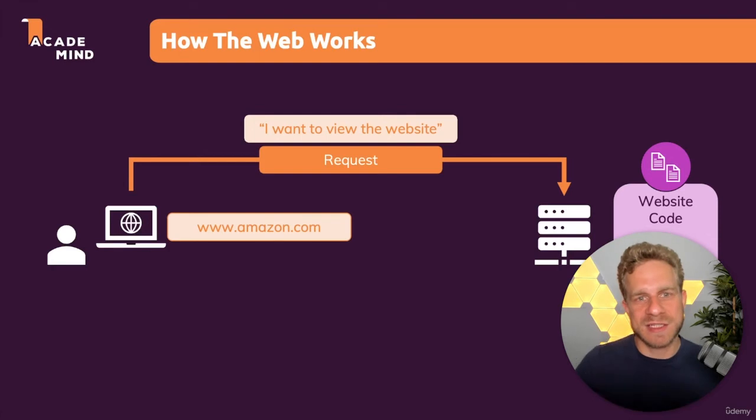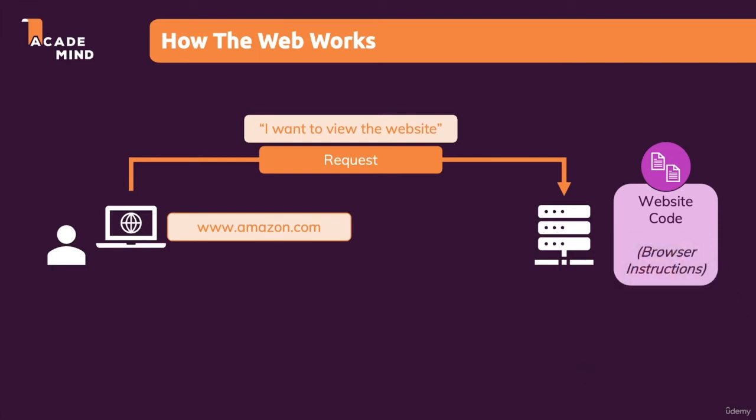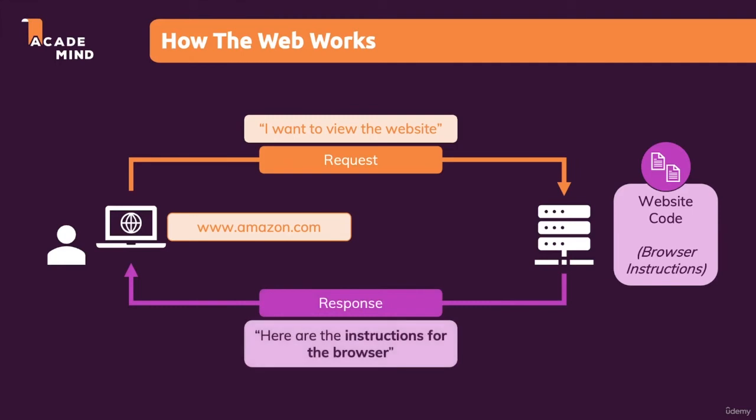In the end, this code holds a bunch of browser instructions though that tell the browser what it should display on the screen. So which content it should show and how the content should look like, how it should be styled. And therefore it's this code, these browser instructions, that's in the end sent back by this remote computer in a so-called response to your browser.